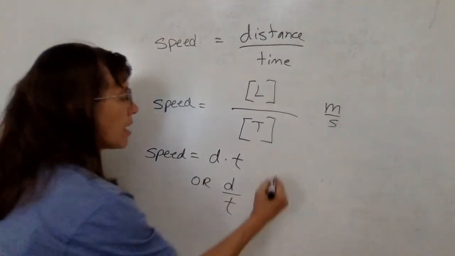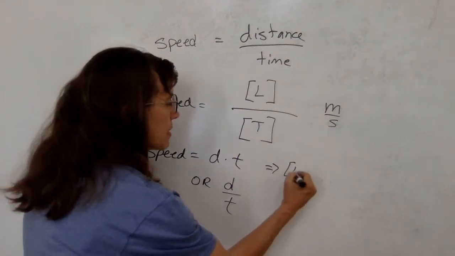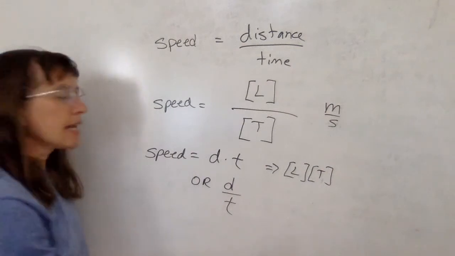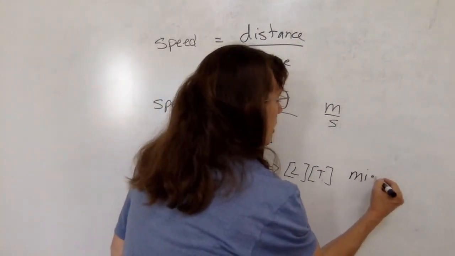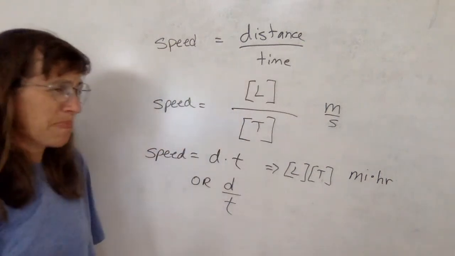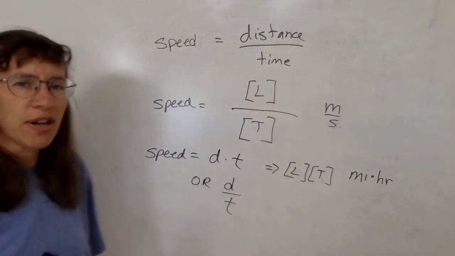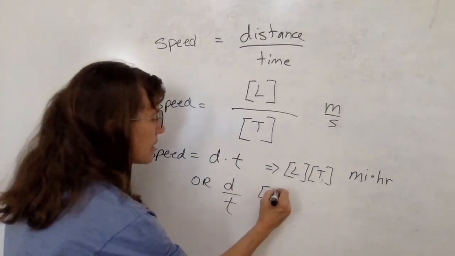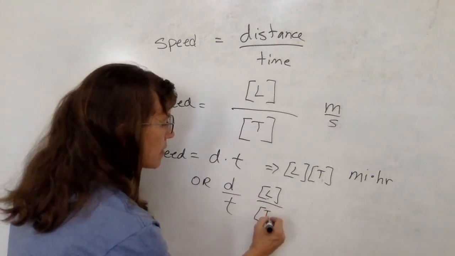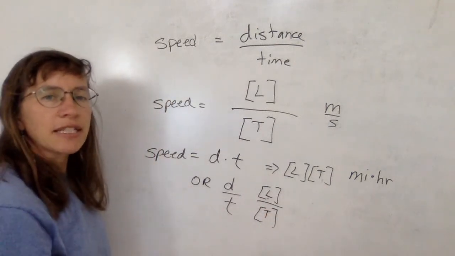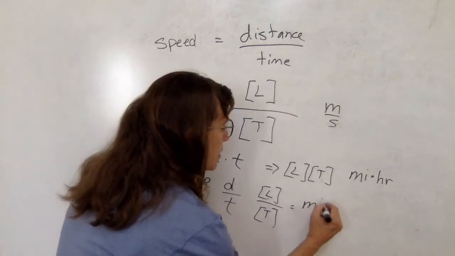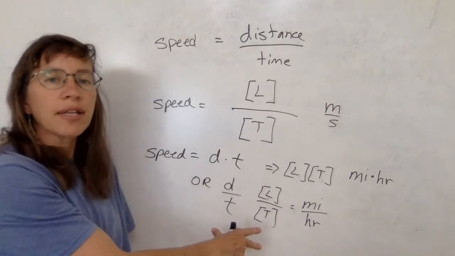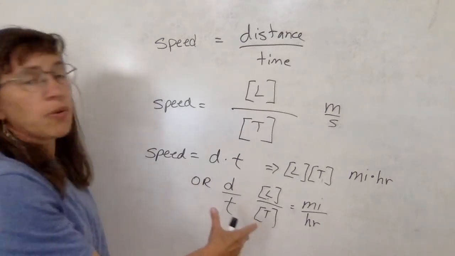So if we looked at distance times time, you'd say that would be length times time. And so if you were looking at it in English units, you'd say miles times hours. And it's like, nope, that doesn't make any sense. I've never heard of units that do that. Okay, that's not right. How about distance over time? You say length over time. In our everyday English units that we use, that would be miles per hour. And you could say, you know what, this is it. This is how I'm going to calculate that speed that I am looking for. And you would be right.